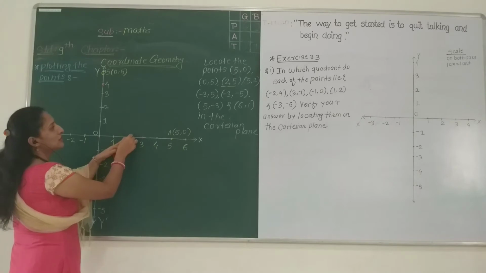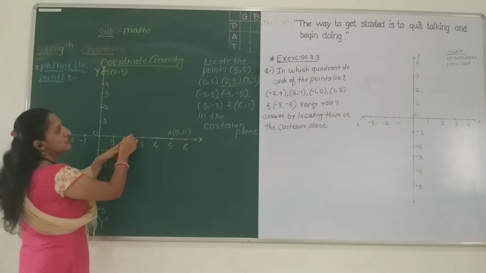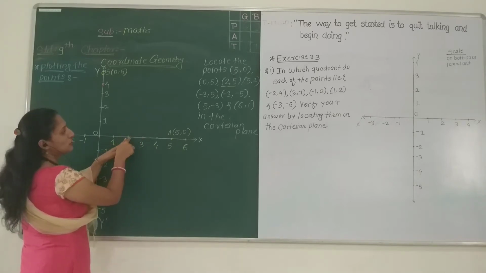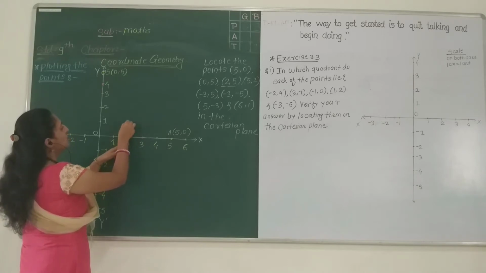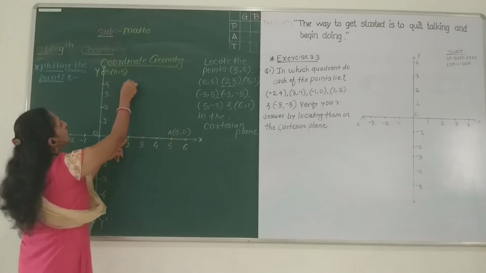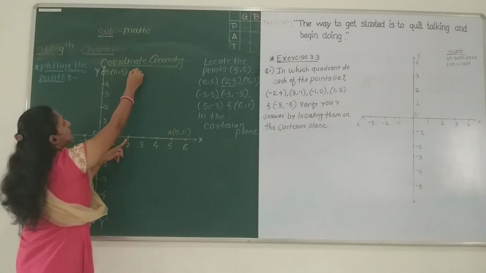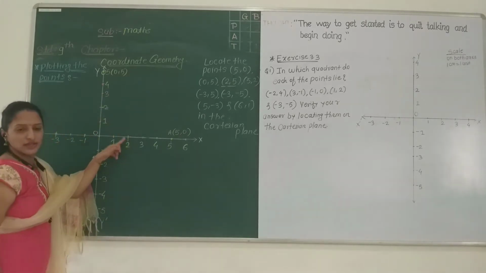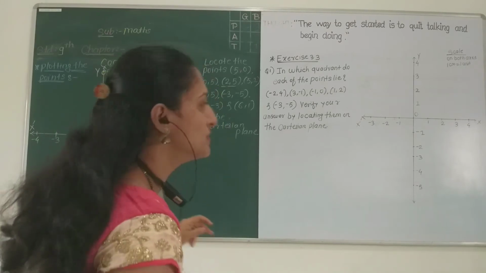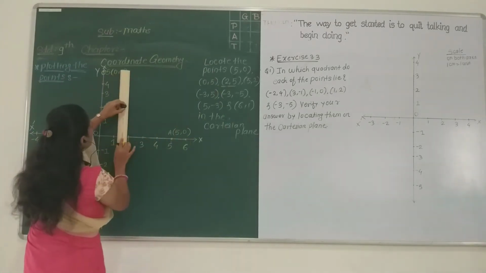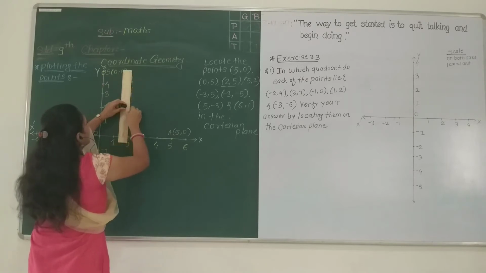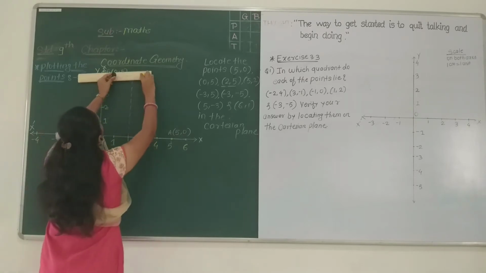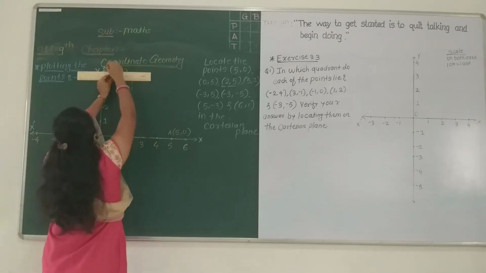And from that we measure a distance 5. From this point 2 we measure a distance 5. On the y-axis 1, 2, 3, 4 and 5. So the point is here. Just using the scale we can mark this point.